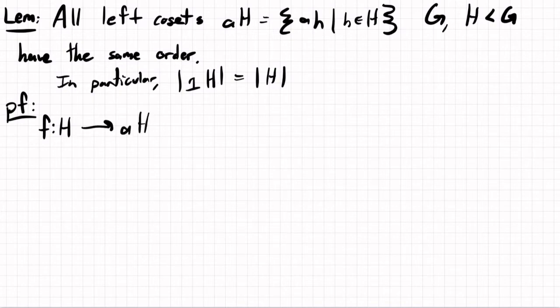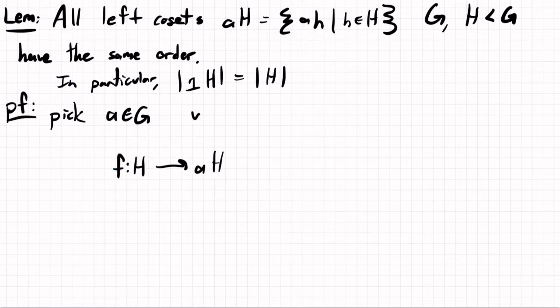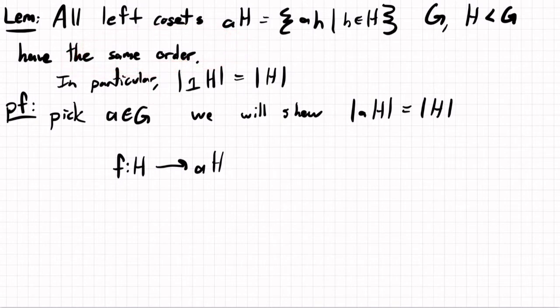So, I should say, pick an arbitrary element a in G, and then we are going to show that the size of aH is the same as the order of the subgroup H. And that will tell us what the size is.